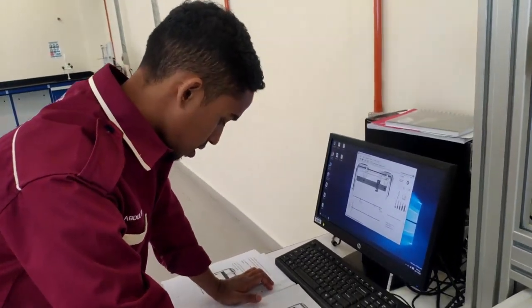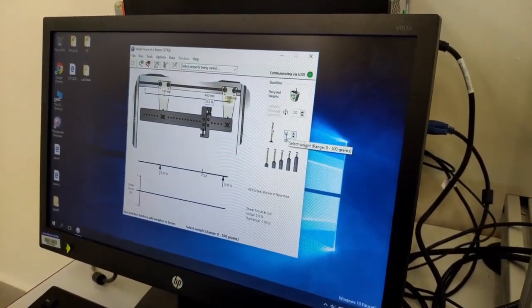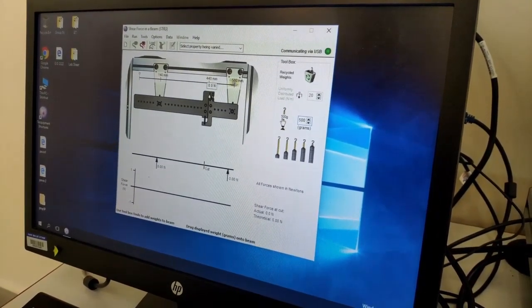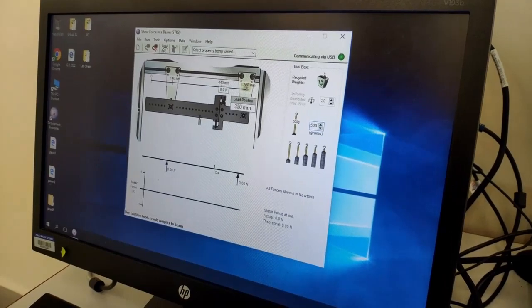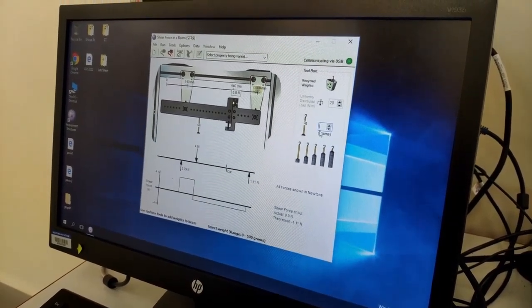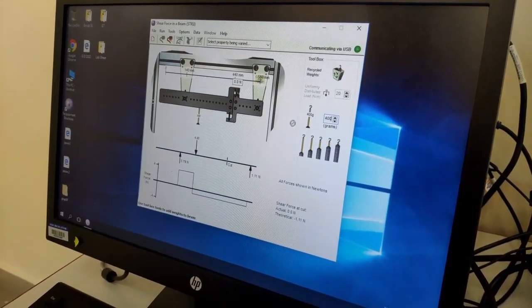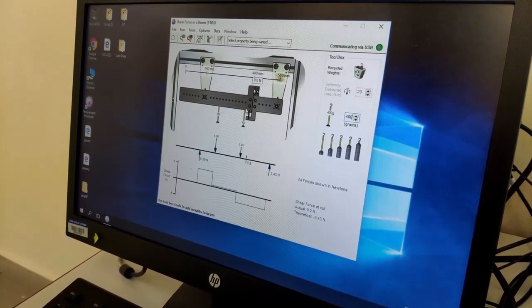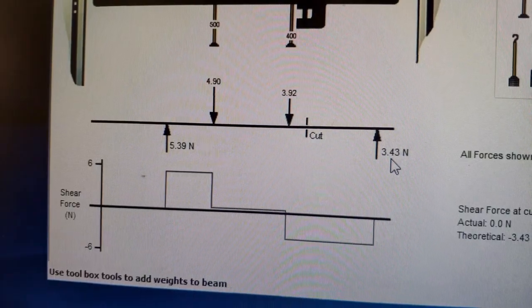Then we want to find RA and RB in figure 3.8. This is RA and this is RB.